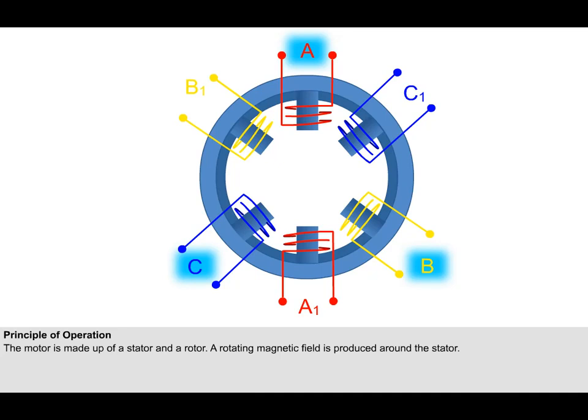When a phase's current flow is negative, its magnetic poles are reversed, with A1, B1 and C1 becoming magnetic north poles and A, B and C becoming souths.